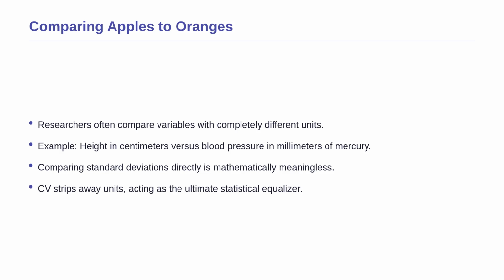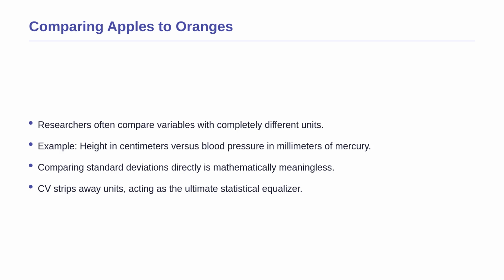Before we apply this formula, let us discuss why it is so crucial in biostatistics. In the real world, researchers constantly need to compare apples to oranges. For instance, a doctor might want to know which measurement is more variable: a patient's height, measured in centimeters, or their blood pressure, measured in millimeters of mercury.